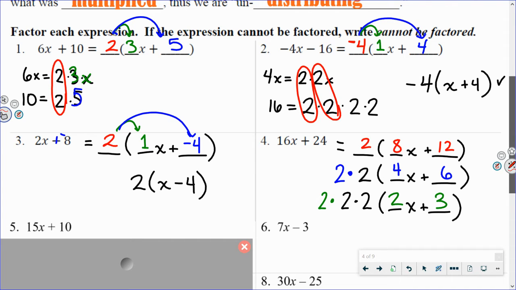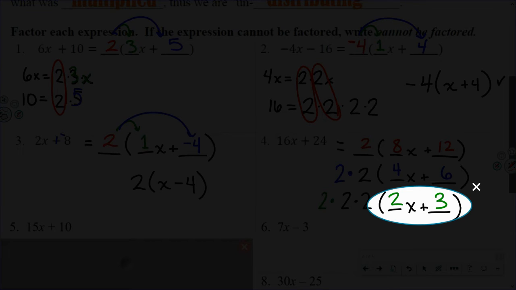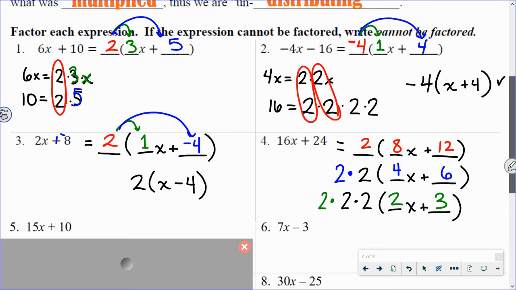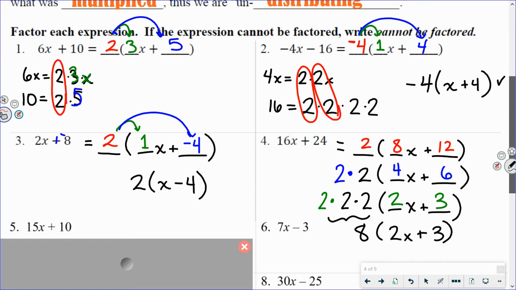And finally we get to the point that there are no common factors that can be pulled out from inside the parentheses. So if we were to, in fact, multiply all those common factors in the front out, 2 times 2 is 4 times 2 is 8. And at this point, some of you are saying, well, of course, Mr. Cowan, I could have seen that from the start.